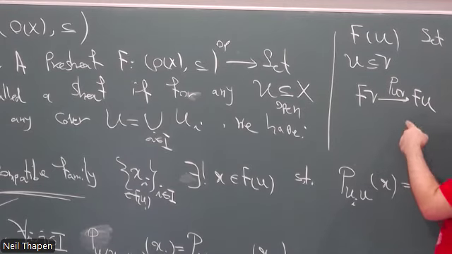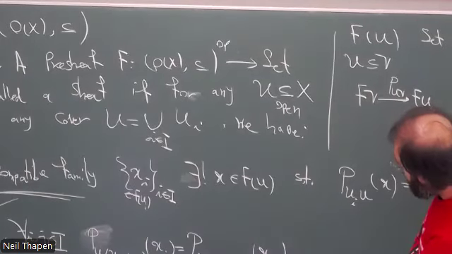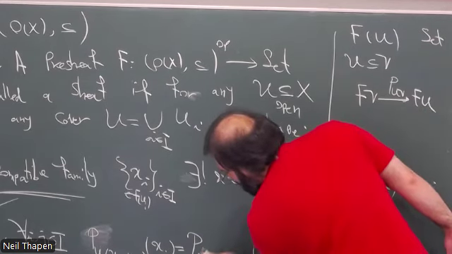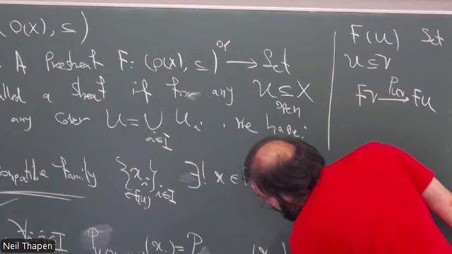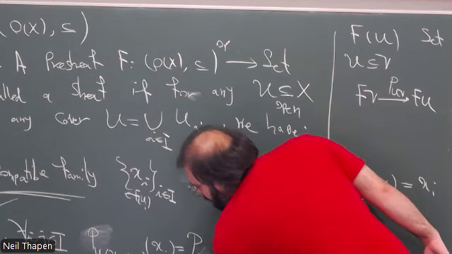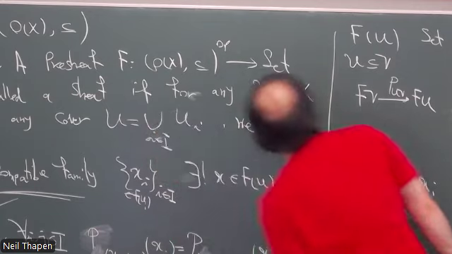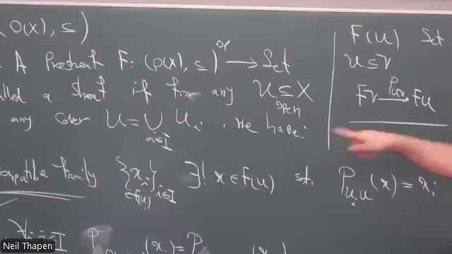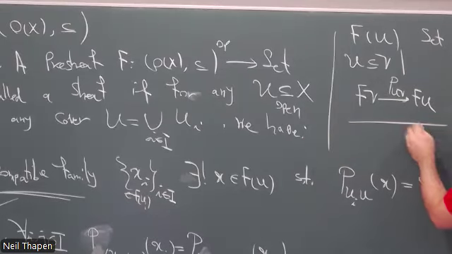So that's my notation. It's ugly, but always you have rho U V. The intuition is that you have a function over V, and you restrict it to U. Sometimes people just write restriction.